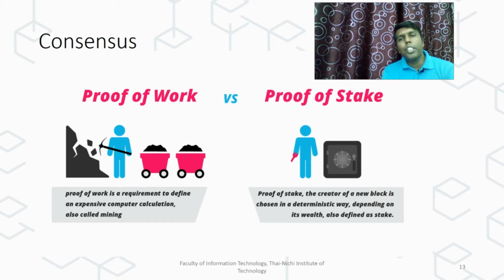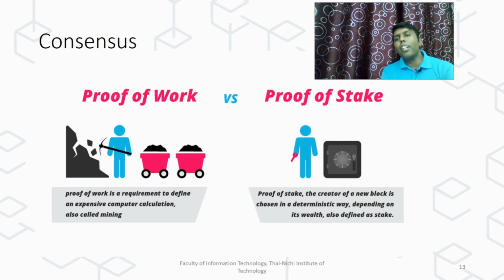We have like 10 nodes in the network. Node A has a lot of work done on the verification of transactions than any other nodes in the network. Then it is like a veto power for that particular node. It can override any other nodes in the network because it has done a lot of work on mining and verifying the transactions in the blockchain. And then we have this proof of stake. These guys don't do any mining.